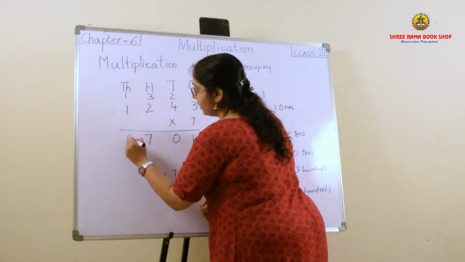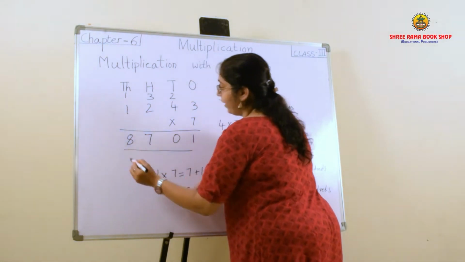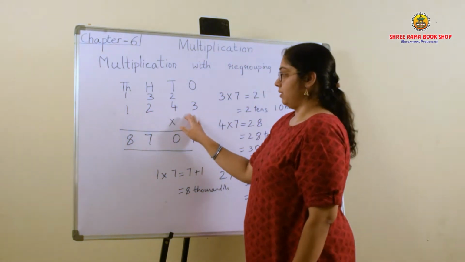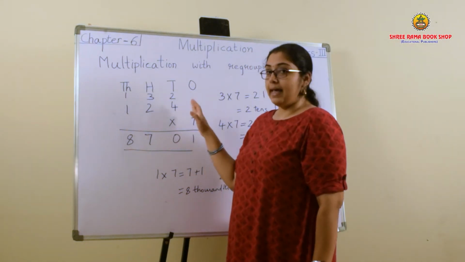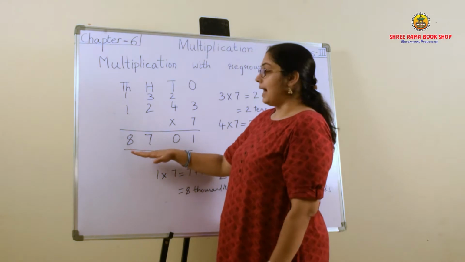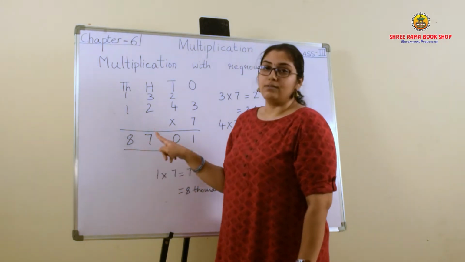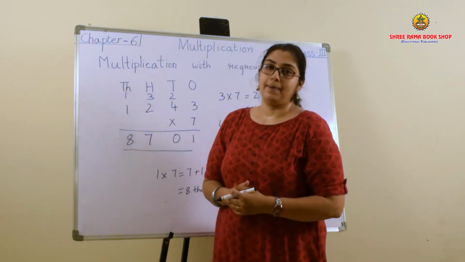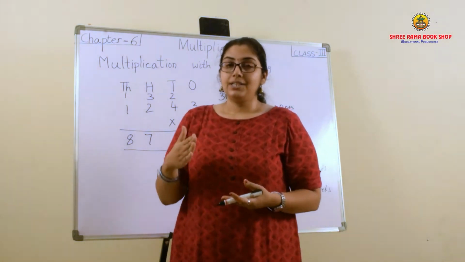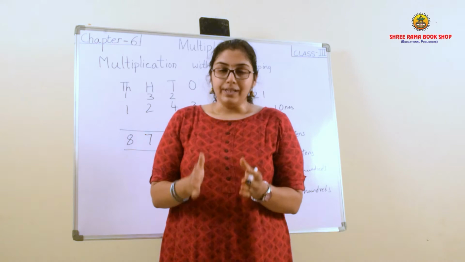So it is 8 over here. So when I multiply a 4-digit number, which is here 1243, with 7, along with its carry and all, I get the product as 8701. This is how you multiply a 2-digit, 3-digit and 4-digit number with regrouping.